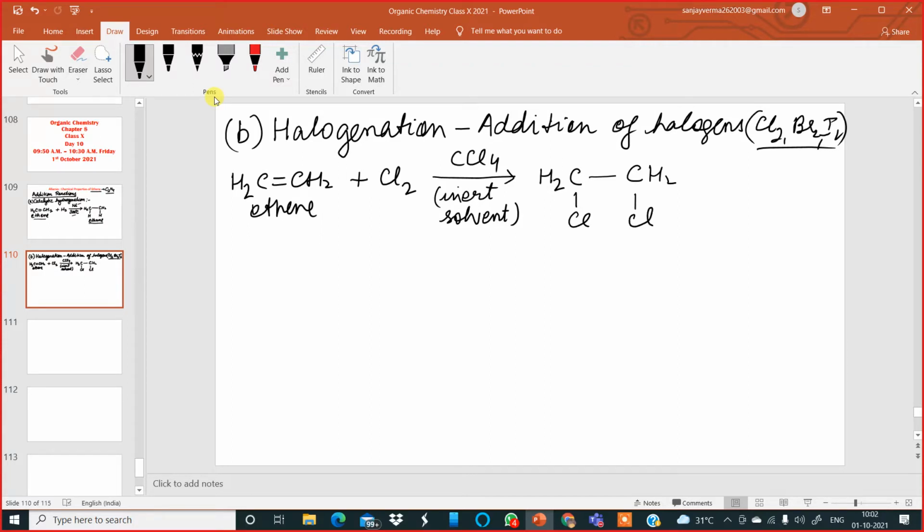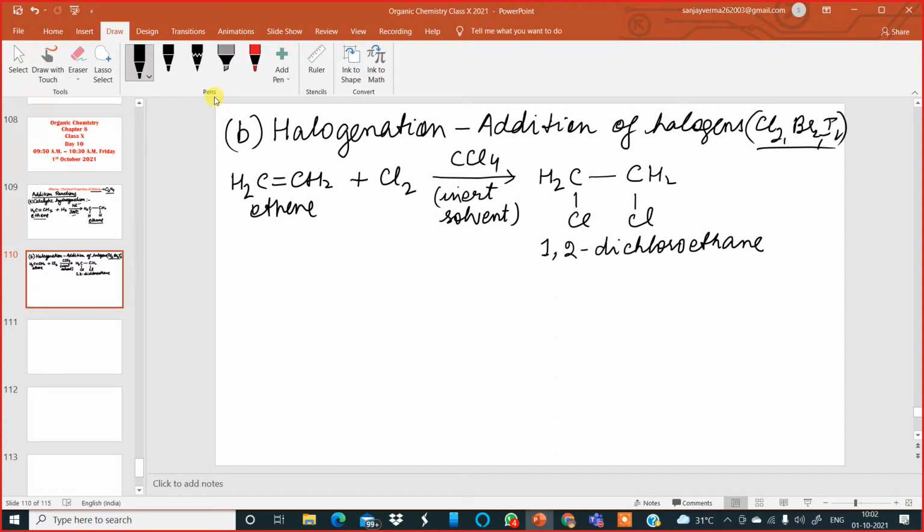This compound formed after the addition of chlorine is called, according to IUPAC nomenclature, 1,2-dichloroethane. Okay.